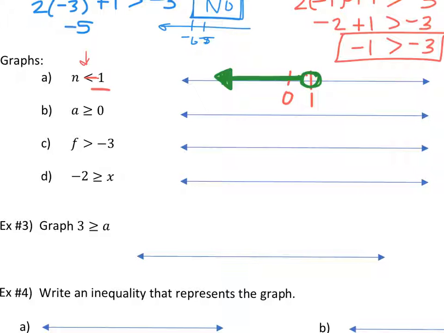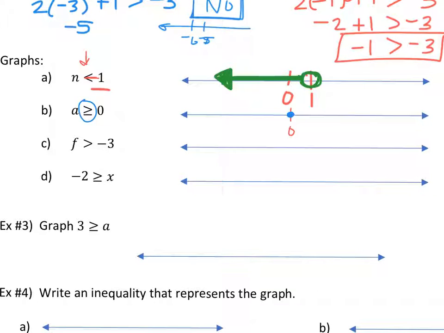So look at this next one. A is greater than or equal to 0. So like I said, we always start with a 0 just so we have a frame of reference. Is this going to be an open or closed dot? Closed, because if it's a greater than or equal to 0, it can equal 0, right? So 0 is included. So we want to fill in that dot. So you're going to put a filled in dot here. Going to the right.